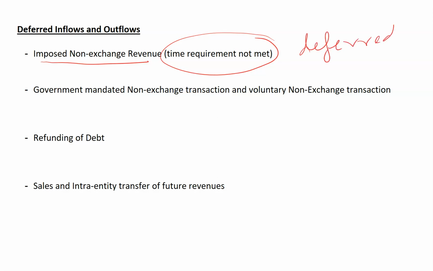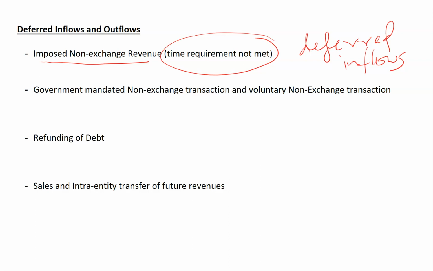One example you will see is property tax. When we estimate it, we can estimate the property tax receivables, and then we can record our credit as property tax or imposed non-exchange revenues, but we will show only that part which is in our current year.